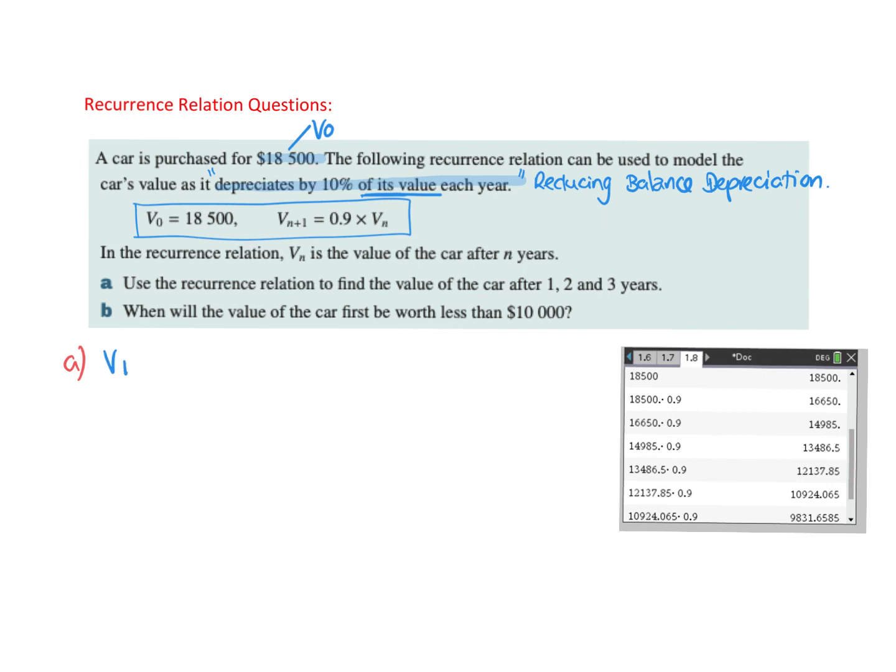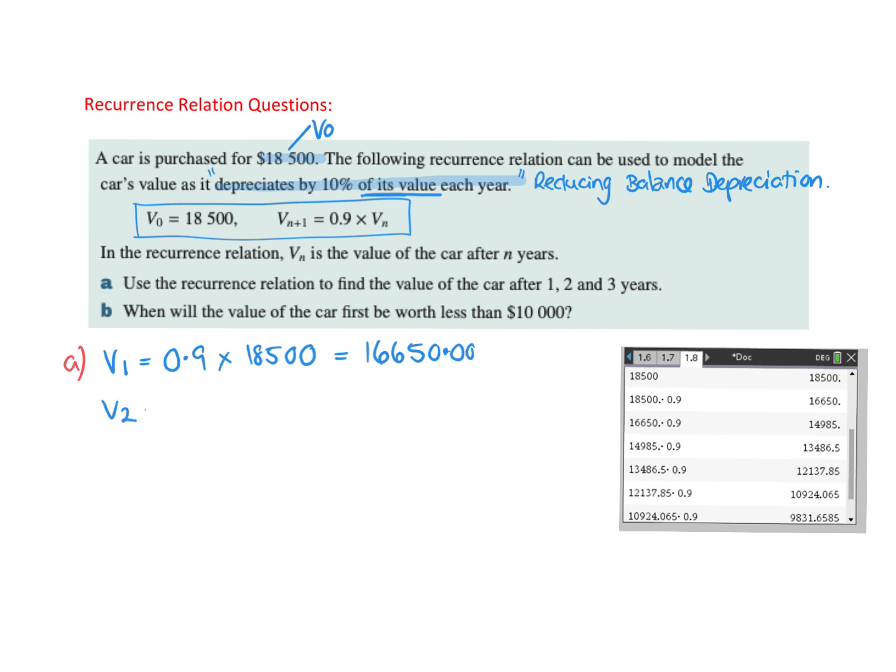So V1 equals, you just follow the rule, 0.9 times the one before. The one before V1 would have been V0, which is 18,500. Remember, this is depreciating, so you want to see a smaller number here. I'm just putting 0.00 because we're talking about dollars.